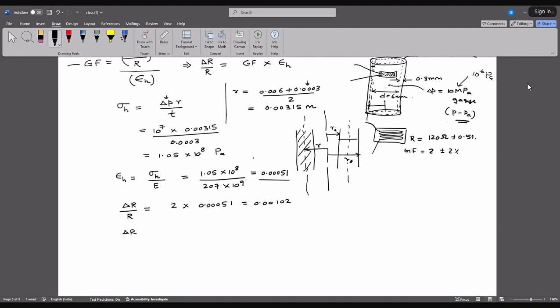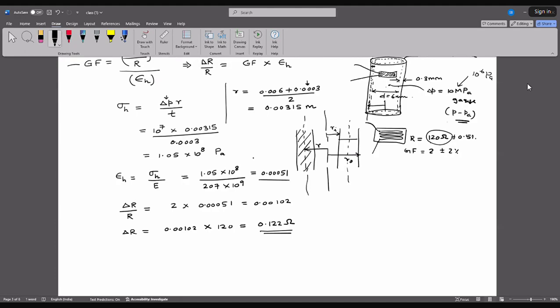Now delta R will be 0.00102 into R. R is already given, 120 ohm. And so delta R is going to be 0.122. So this is the change in the resistance because of the pressure difference between the inside of the tube and outside. 122 milliohm.